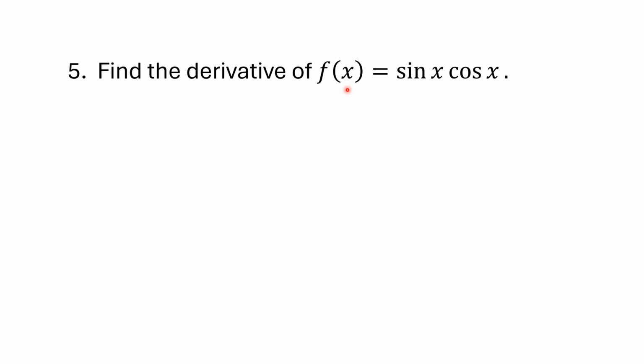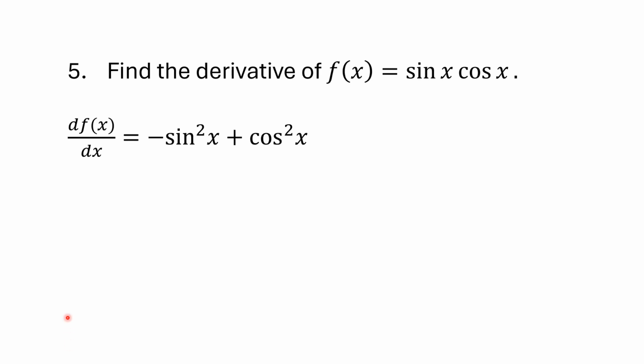Find the derivative of f of x equals sine x cosine x. This is a product. Now, taking the derivative of the sine and the cosine are a little different. So we take the first function, the sine x, times the derivative of the cosine x, and the derivative of the cosine x is negative sine x.